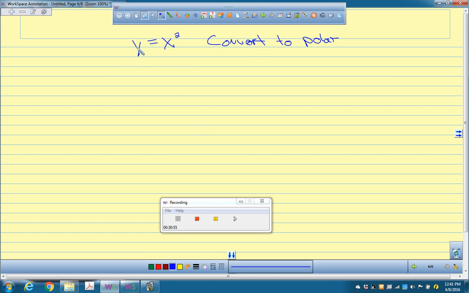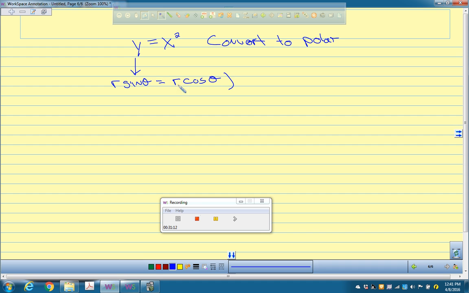The way you do it, you know that y is equal to what? r sine theta, right? And x is equal to r cosine theta, right? And so now it's converted.